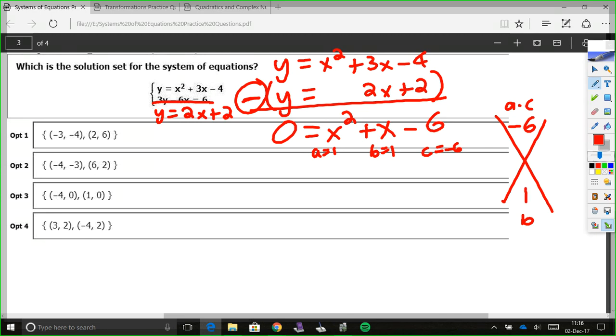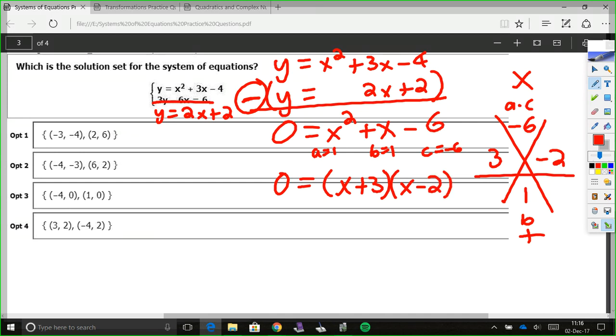So now you need two numbers that multiply to -6 and add to 1, which would be 3 and -2. 3 times -2 is -6, and 3 minus 2 is 1. So that would make this x plus 3 and x minus 2.